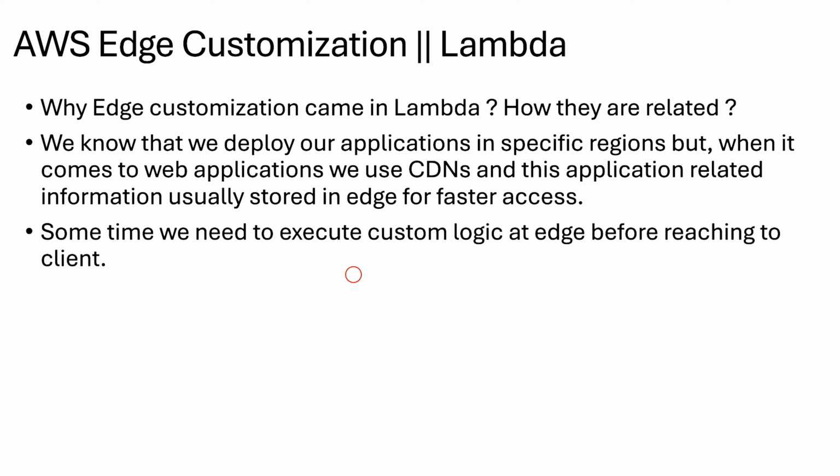I'm just saying this as an example of how you can customize at the edge. The edge location knows the location from which the user is accessing the website. Based on that, it will add that customization to your content and deliver it to the client. So for that purpose, you need edge customization. Okay, so that is edge customization. You can do so many things. I'm just giving you a simple example.